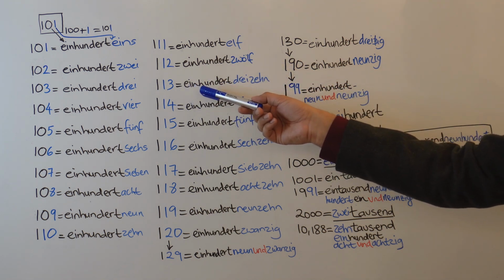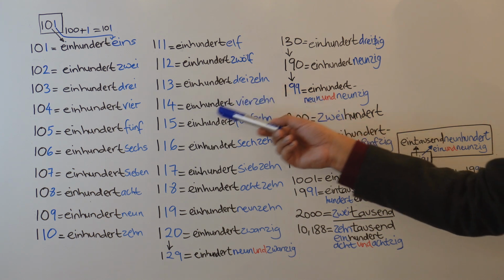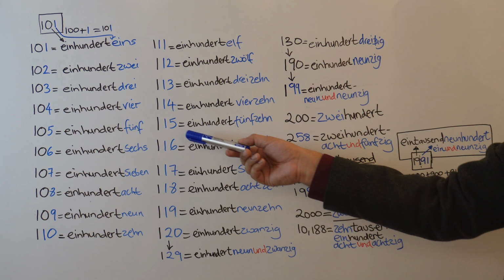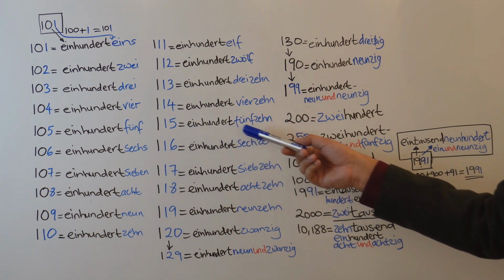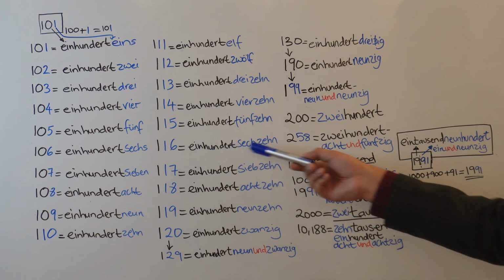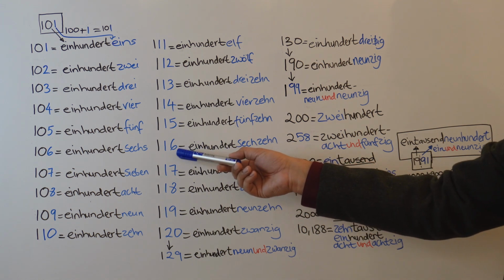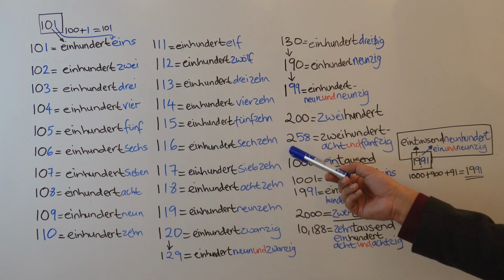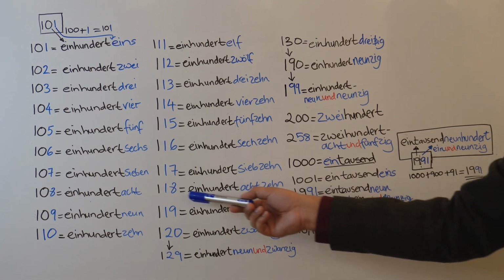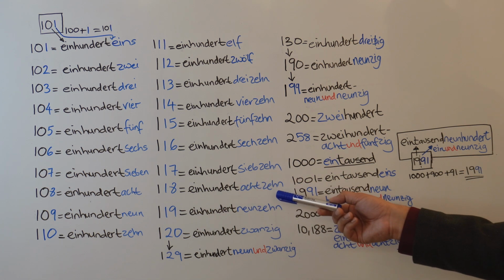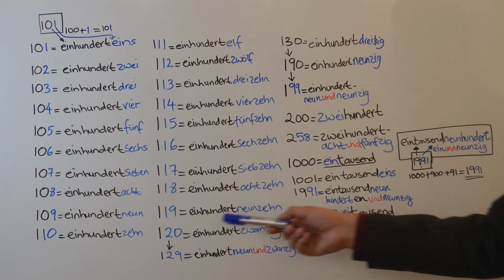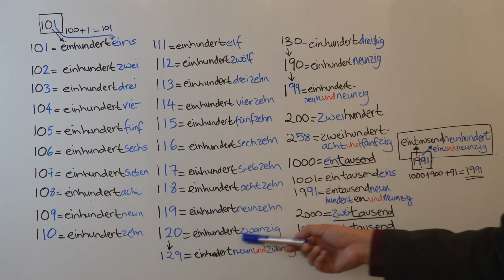113 will be called hundertdreizehn. 114, 115, 116, 117, 118, 119, and then 120 will be called hundertzwanzig.